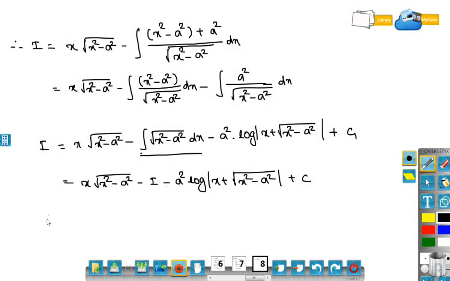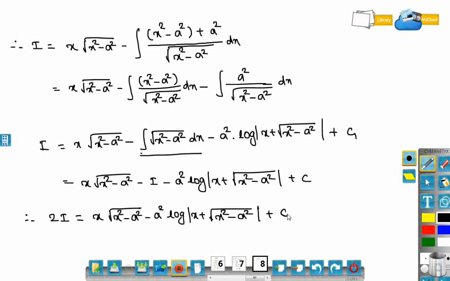Now take this minus I to the left side, it will become 2I, which is x under root of x square minus a square minus further a square into log of mod of x plus under root of x square minus a square plus C1. Now divide by 2 and that is the final answer.